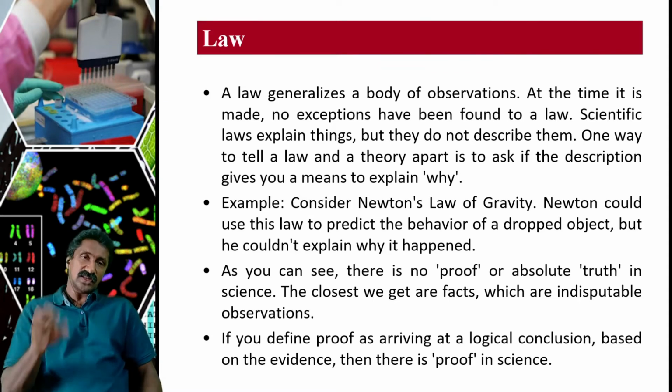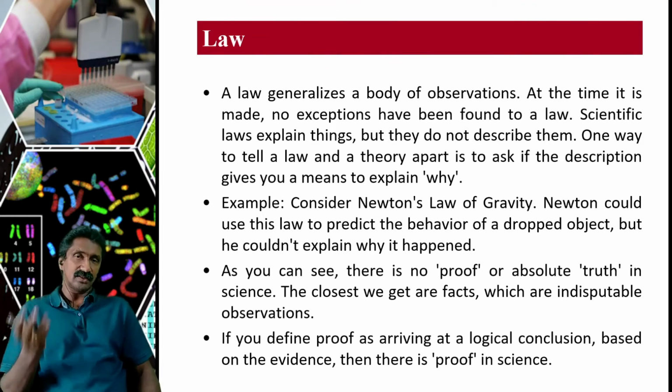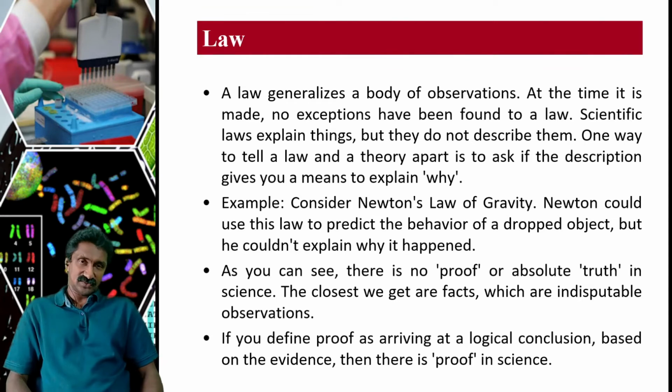That's why we say that proof and absolute truth in science is not practical, but we can say that there are indisputable observations or evidence that support the facts. And if new evidence is generated, then we can also disprove the observations, and we can reach another logical conclusion. That's how science always works, and it evolves.